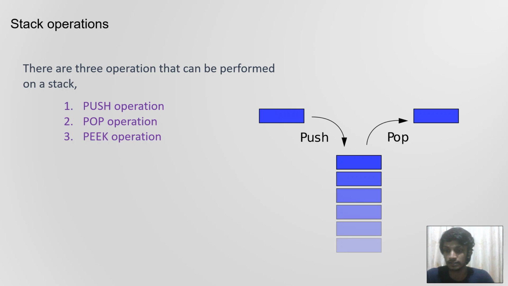Pop is like the deletion operation, and it can also only be performed at the topmost location. Peek is basically printing the element, but it can also only be performed at the topmost location. Those are the three major operations that we can perform on the stack.